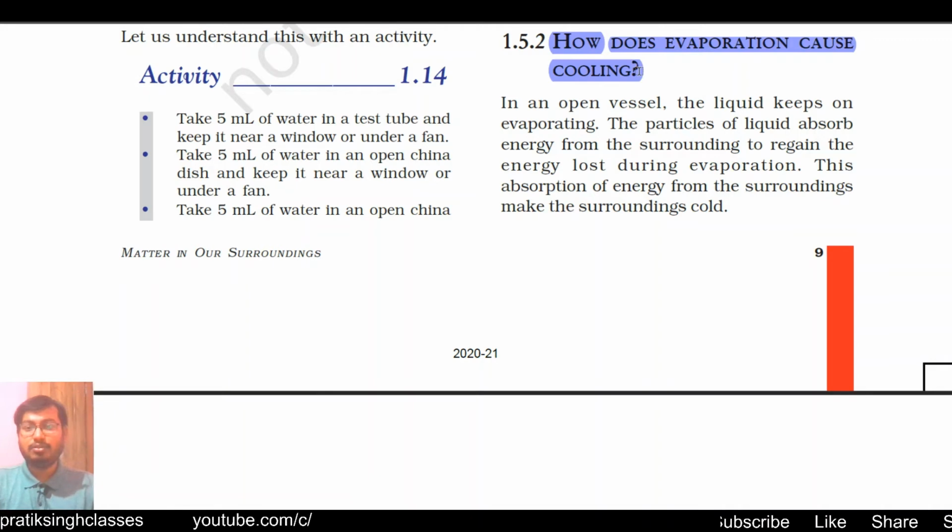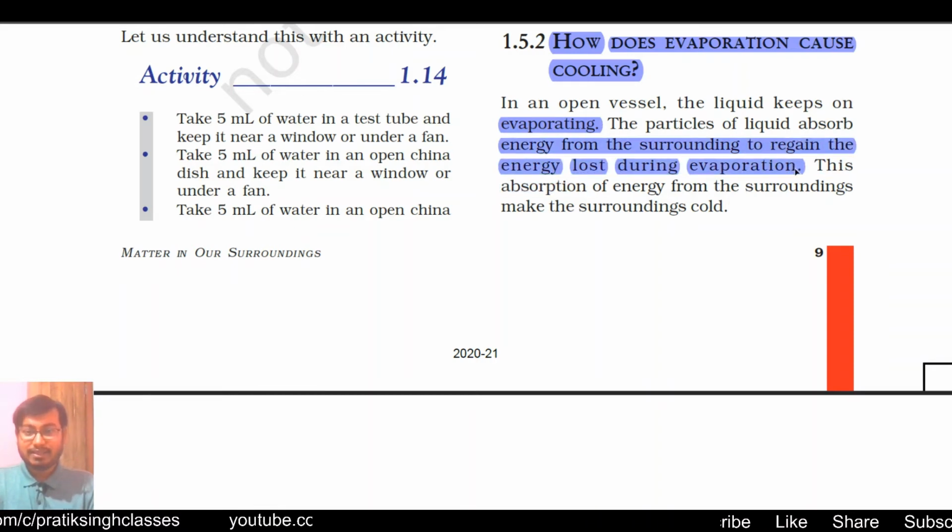Does evaporation cause cooling? In an open vessel, the liquid keeps on evaporating, as we have seen in the previous activity. The particles of the liquid absorb energy from the surroundings to regain the energy lost during evaporation.